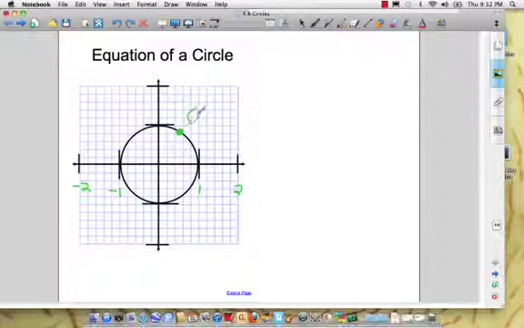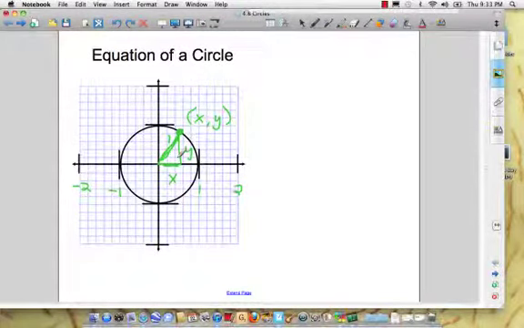And let's call it (x, y). Well, let's think about what we know. I'm going to sketch in a triangle, and we know that this length right here is x, because that's the x coordinate, and this one right here is y. We also know that the radius of this circle is 1.